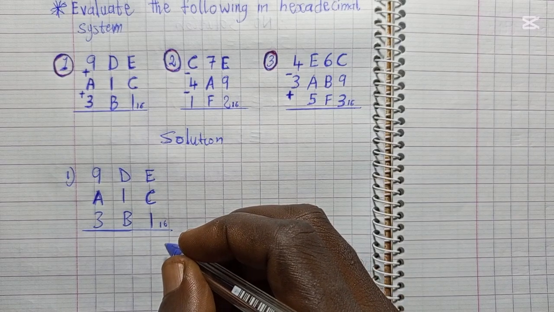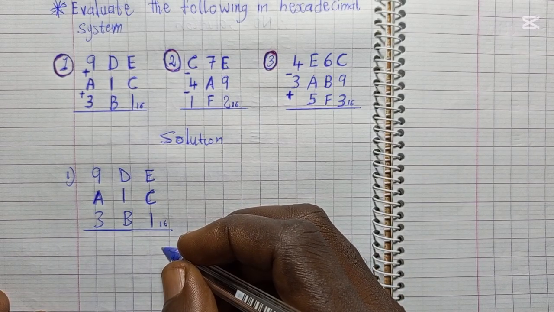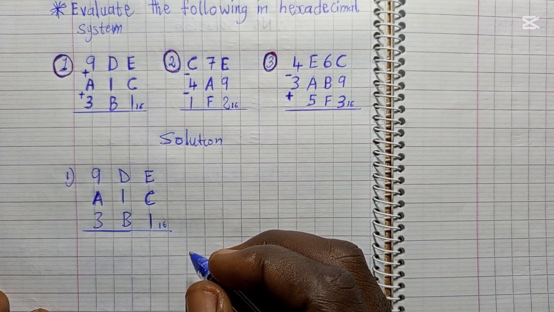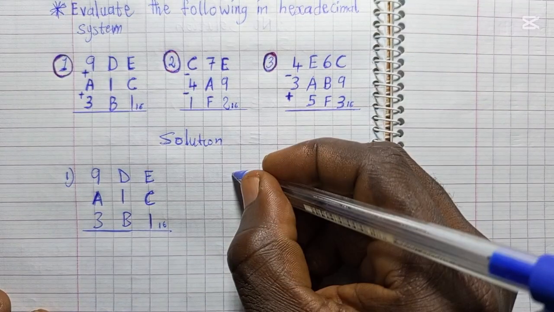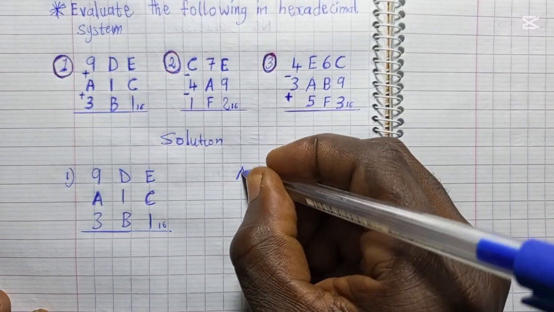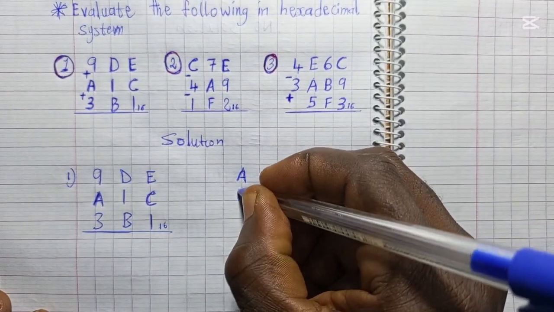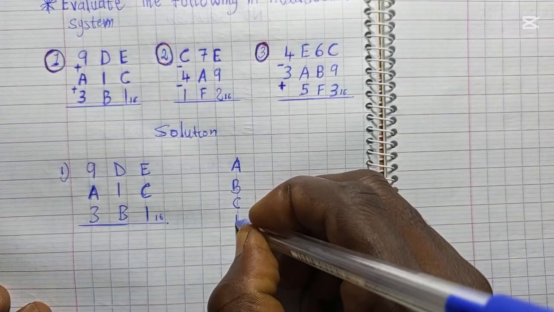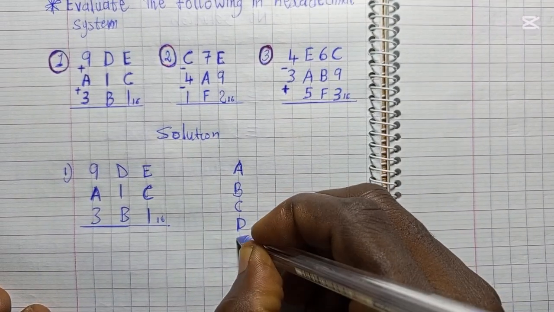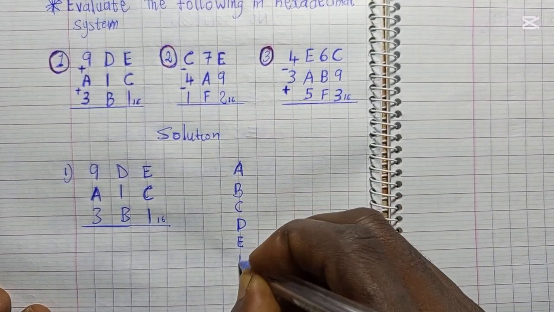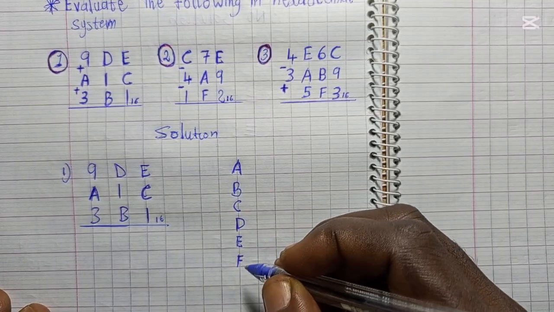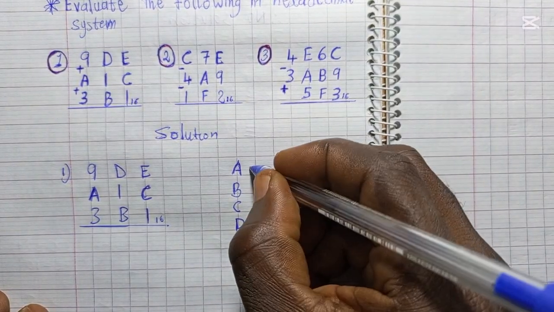Now in base 16, we normally have some numbers represented by letters. Examples are letter A, B, C, D, E, and then F. These are the most common letters used in base 16.